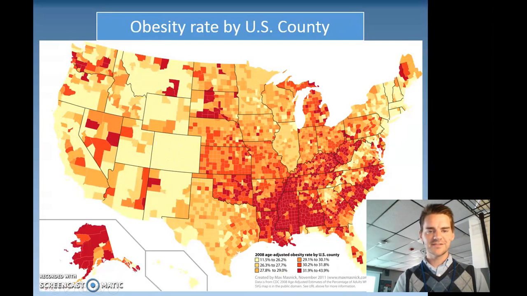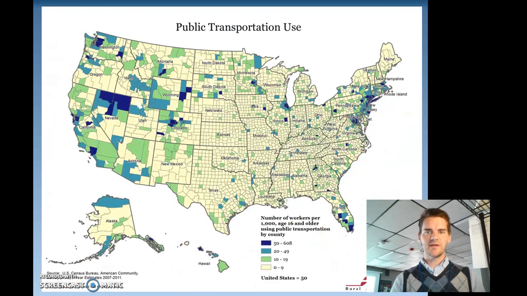So apparently they're all just up there in the mountains, like hiking all the time and just being healthy. Meanwhile, down in the South, specifically in states like Mississippi, you have a very serious high rate of obesity. Interesting observations we could make from that.